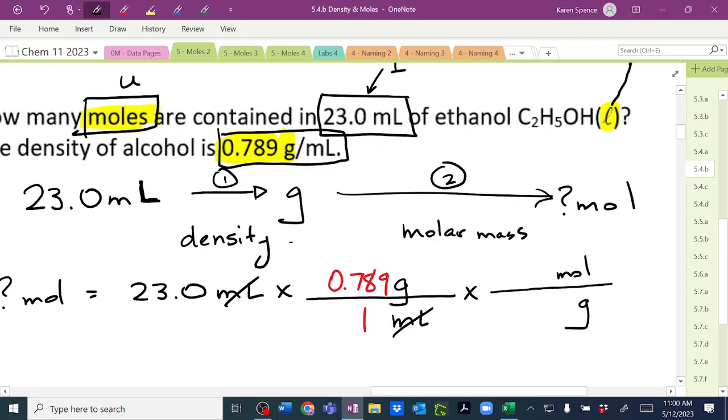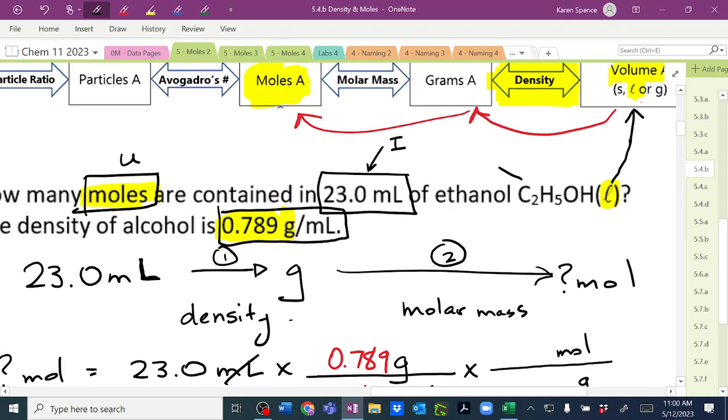Where do I look to find the molar mass? On the periodic table. So we have 12 times 2 plus 6 plus 16, which equals 46.